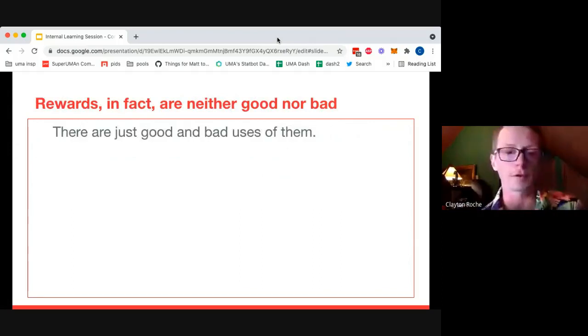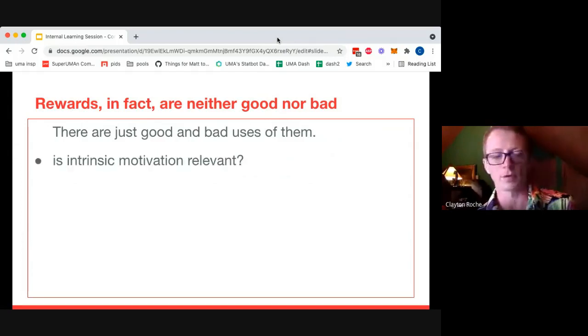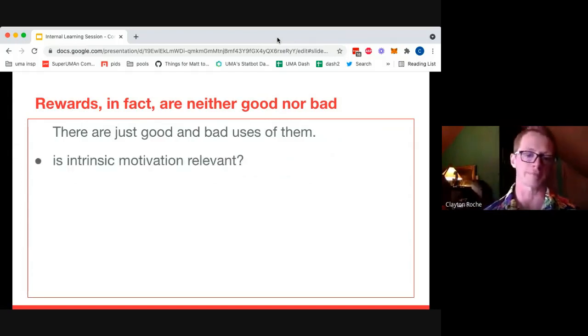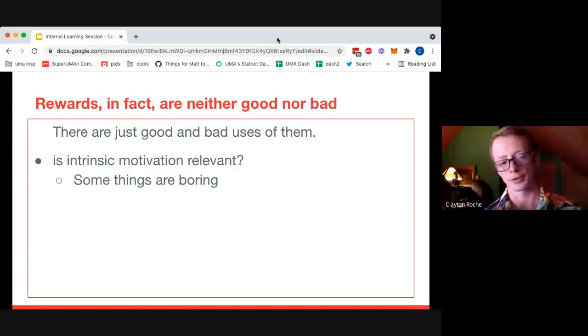So rewards to that point are neither good nor bad. There's just good and bad uses of them. A really important question to ask yourself whenever you're thinking about motivations and rewards is, is intrinsic motivation relevant? Some things are boring, so some things you don't necessarily try to focus on the intrinsic reward of, right?